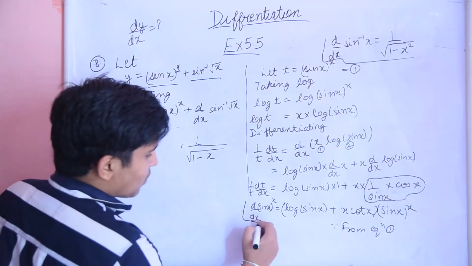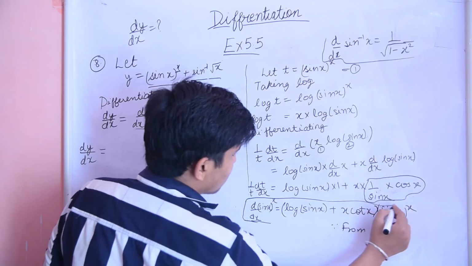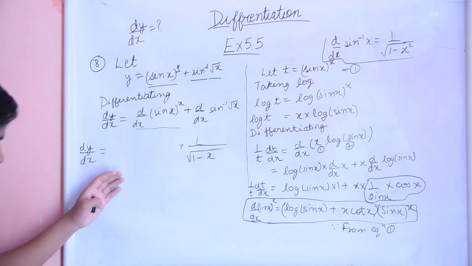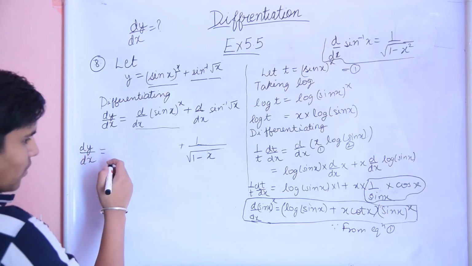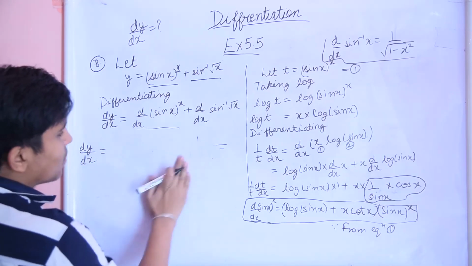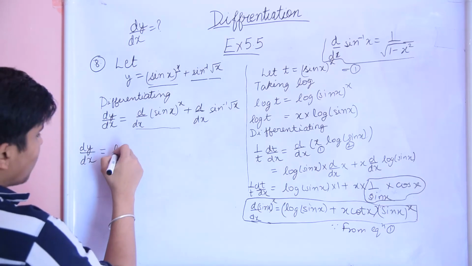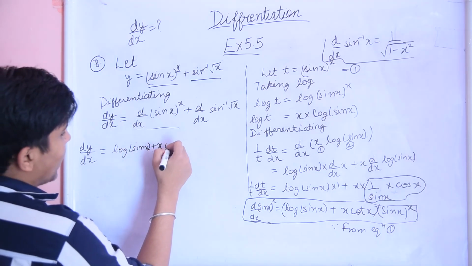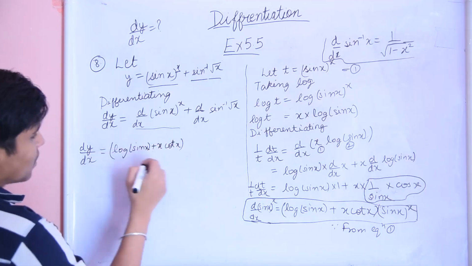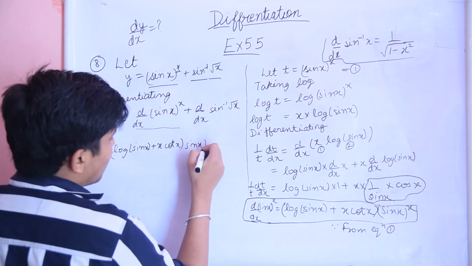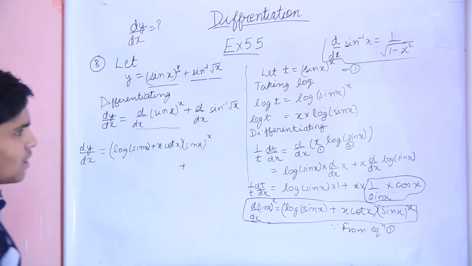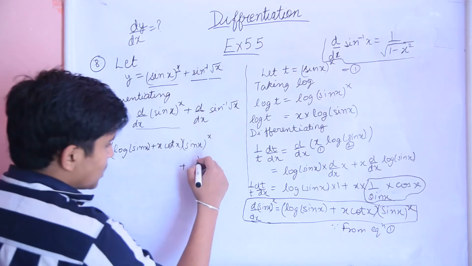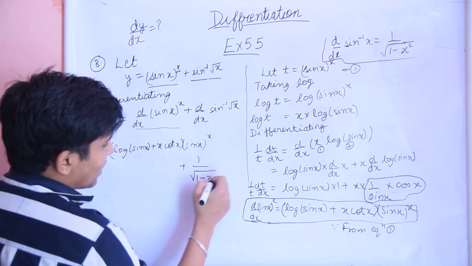So now you have calculated the differentiation of the first function also. Putting the value of this differentiation over here, we will have log sin x plus x cot x, multiplied by sin x raised to x, plus, as we have already found the differentiation of sin inverse root x, which is 1 upon under root 1 minus x.